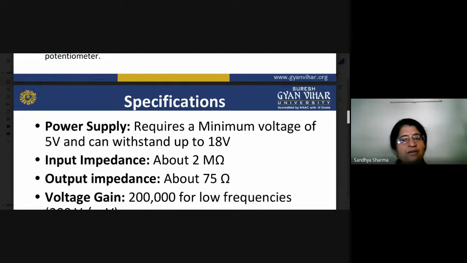Input impedance should be 2 mega ohms, meaning input impedance should be very high. As we have already seen, input impedance of an operational amplifier is high and output impedance will be low. So the input impedance is 2 mega ohms and the output impedance should be 75 ohms. So these are the basic ideal parameters.